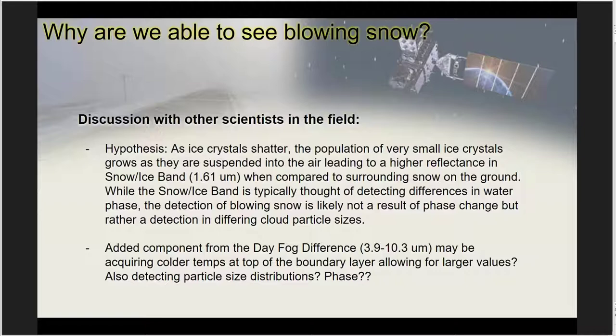Is it because of that reliance on the 3.9 micrometer near infrared channel, which has a dependence on, or can detect, the particle size distribution? Or even if there's phase changing going on towards the top of the boundary layer, towards the top of these blowing snow billows. I mean, there's not a whole lot of research that involves blowing snow, so can't necessarily throw that out.